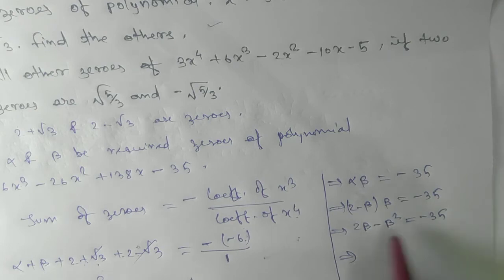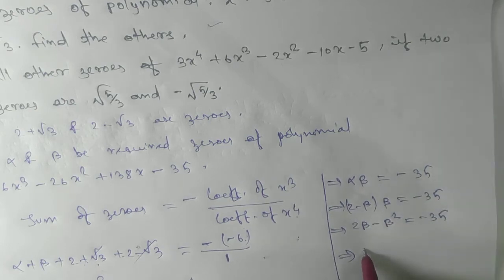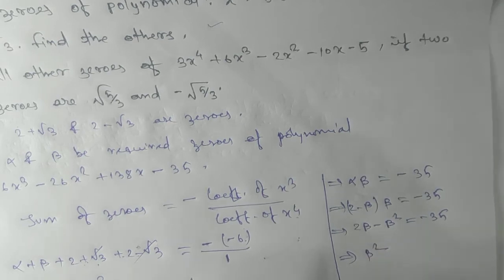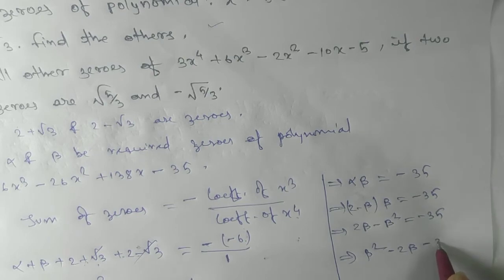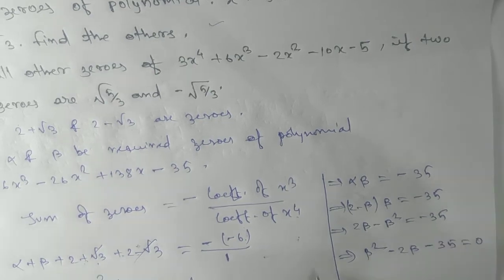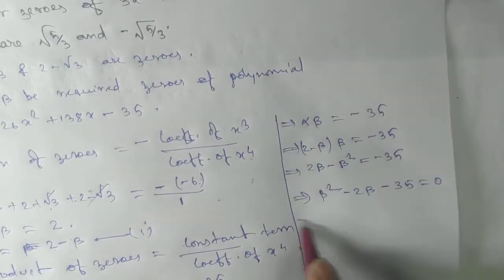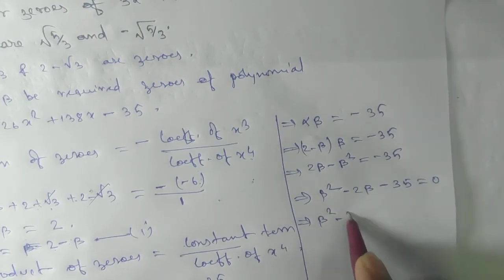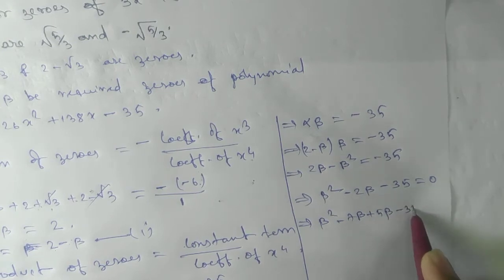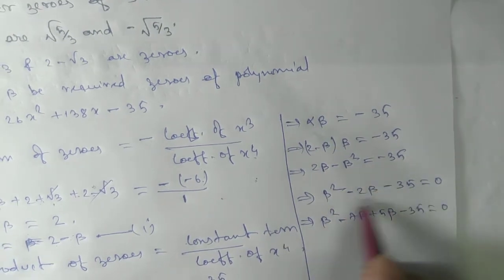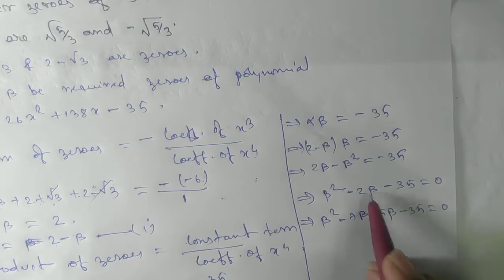What we have is beta square minus 2 beta minus 35 equals 0. This gives you beta square minus 7 beta plus 5 beta minus 35.